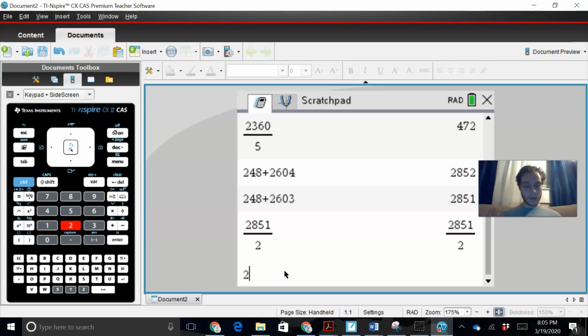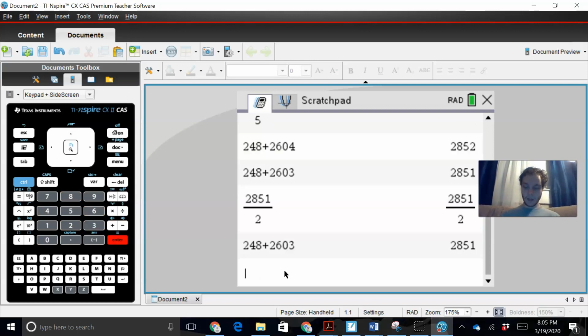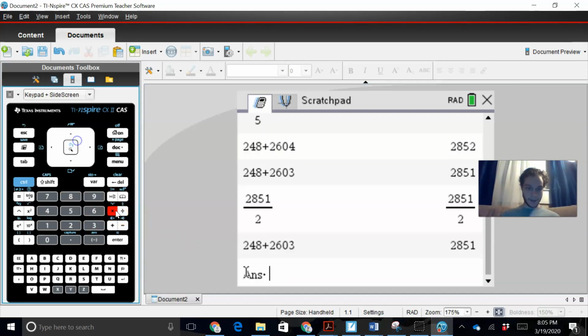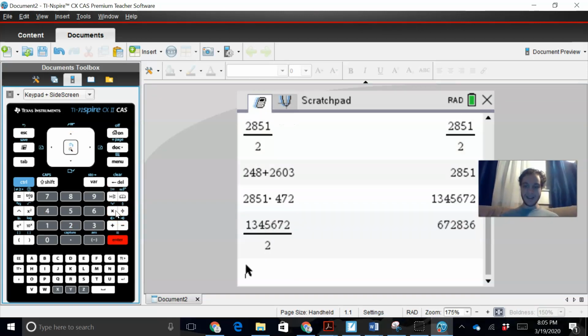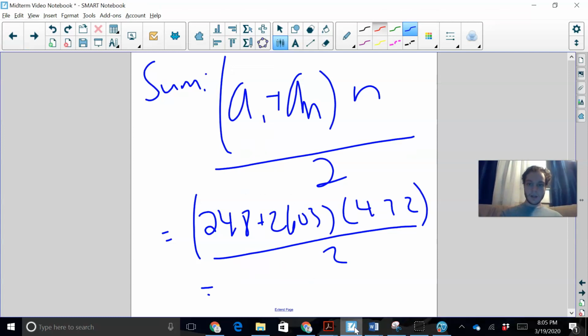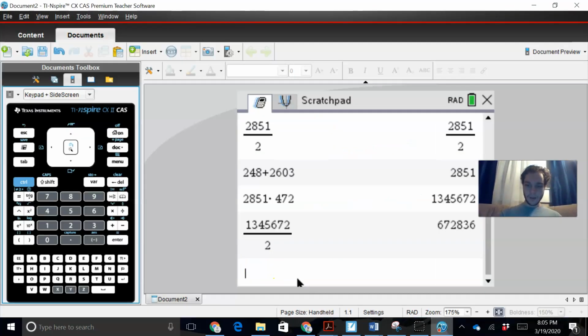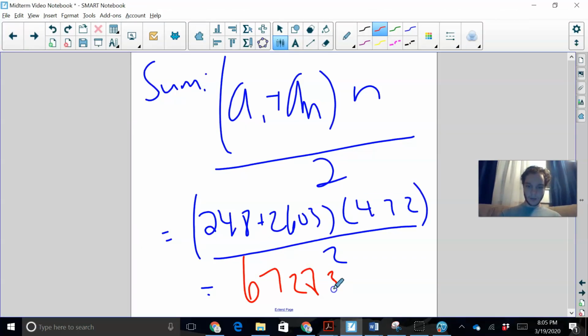The 248 plus the 2603, multiply that now by the number of terms, which was 472, and divide that by 2, and that is your sum, 672,836. And that is your final answer. That is the sum here.